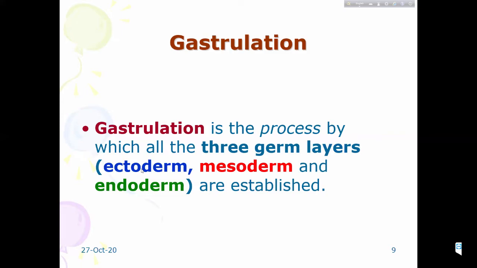It is the process by which all the three germ layers, within brackets you have to write ectoderm, mesoderm, and endoderm, are formed. These are the three basic germ layers from where a human develops. So we know about gastrulation.